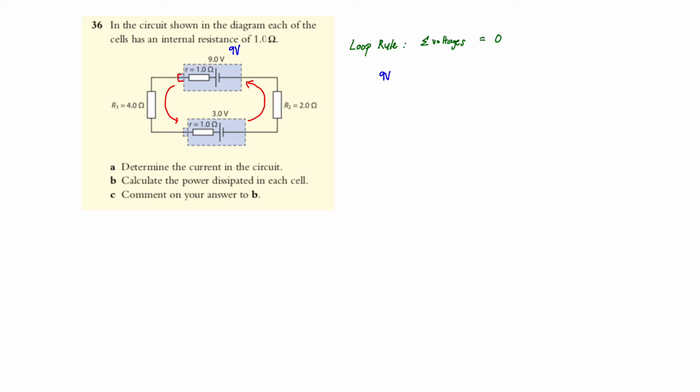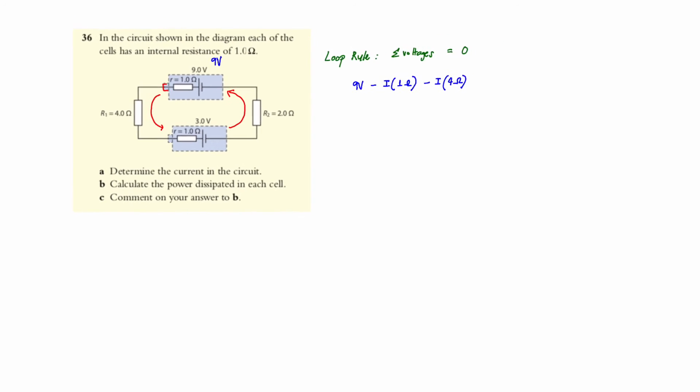So 9 volts minus IR, and the current is unknown, multiplied by 1 ohm. So 1 ohm multiplied by the current. Next, we have a resistor, so that's still IR, that is current multiplied by 4 ohms.